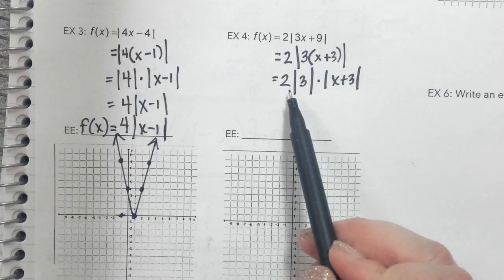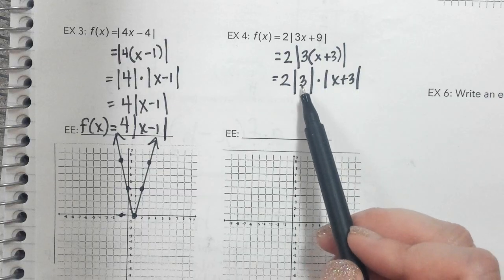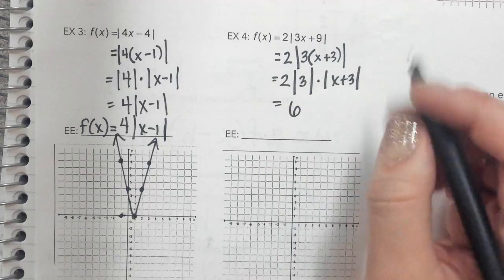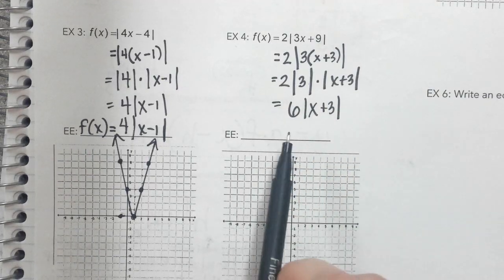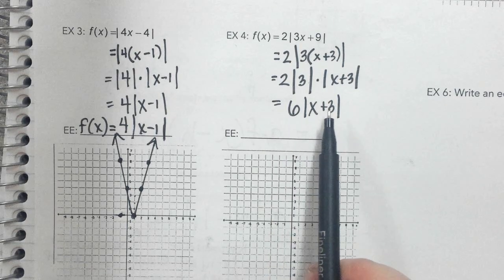Now, the absolute value of 3 is 3, and 2 times 3 is 6. So an equivalent expression would be 6 times the absolute value of x plus 3.